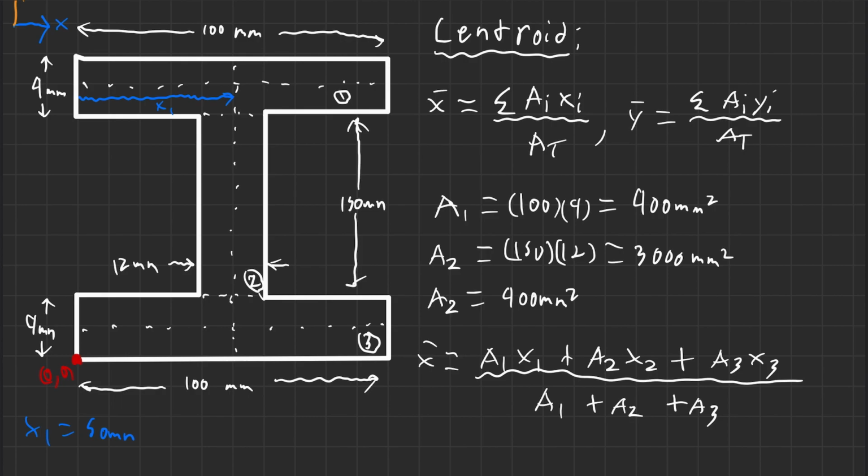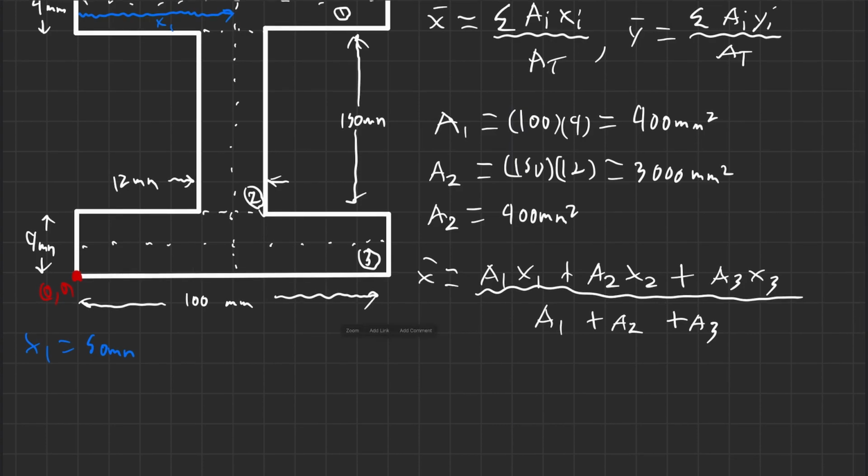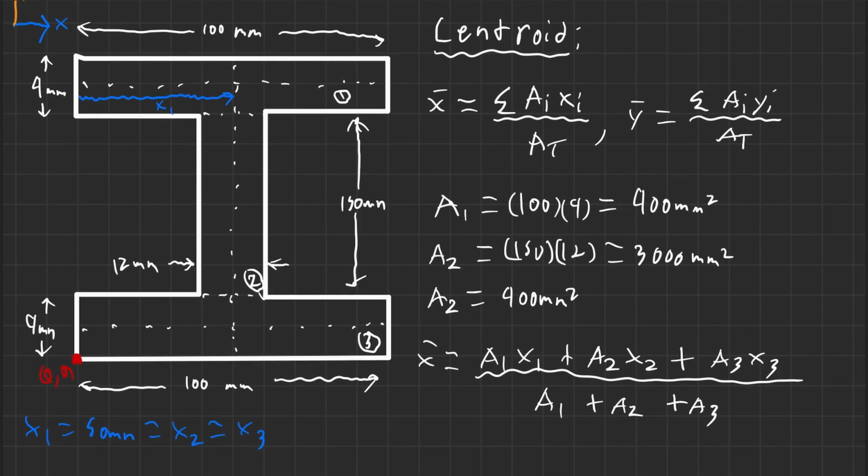So now let's find x2. And x2 is also 50 because we're going the same distance. The center of each shape is in the same spot. So actually what we can write is x1 equals 50 millimeters, and this is also equal to x2 and also equal to x3 because the center of each shape is on the same spot on the x-axis.